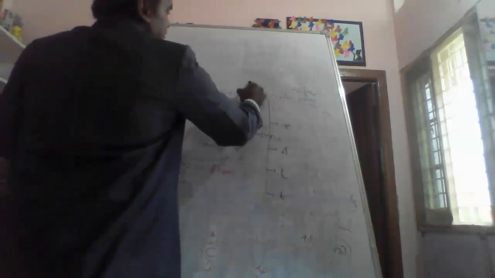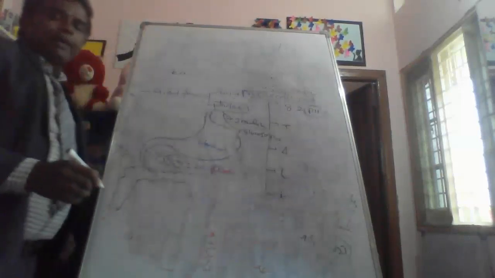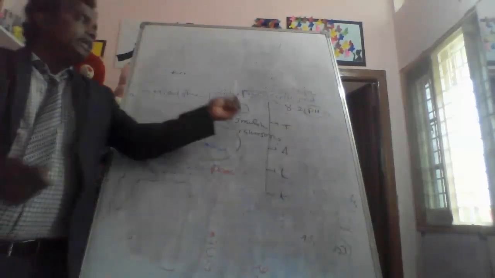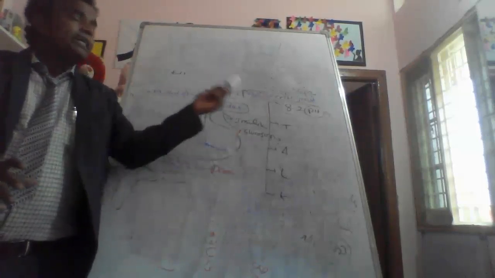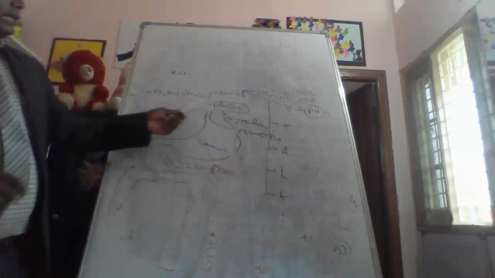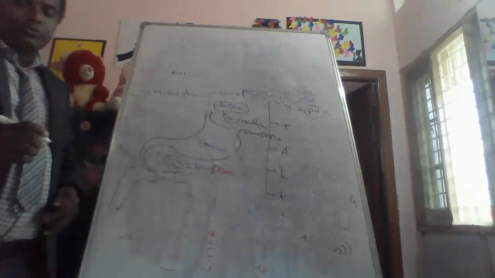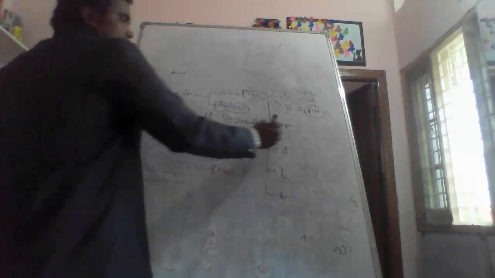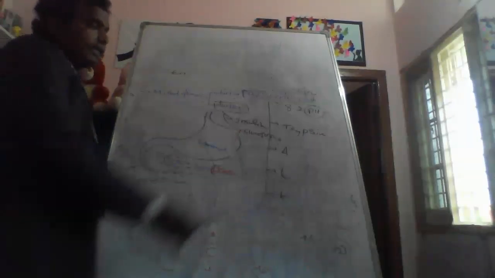The pH of pancreatic juice is 8.2. Next, what are the enzymes of pancreatic juice? Number 1, T is nothing but trypsin.